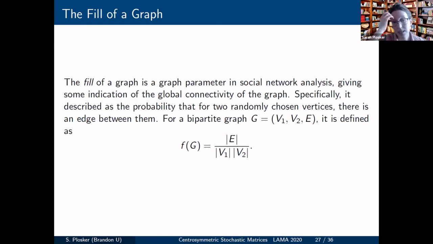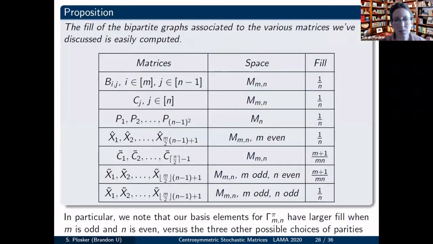So we can calculate the fill of the graphs corresponding to all of the various matrices that we looked at, all the basis elements, all of those, you know, the CIs with the 1s in the ith column, the BIJs that had that strange kind of form, and we can compute the fill.